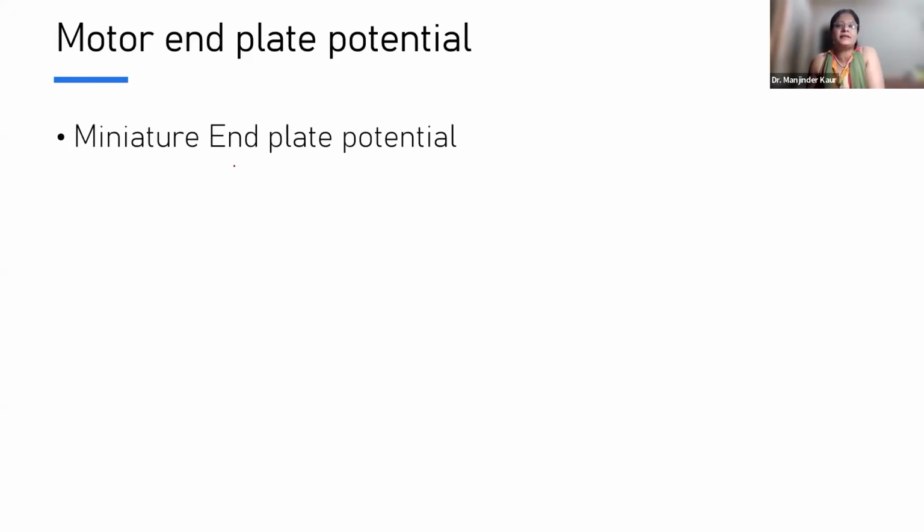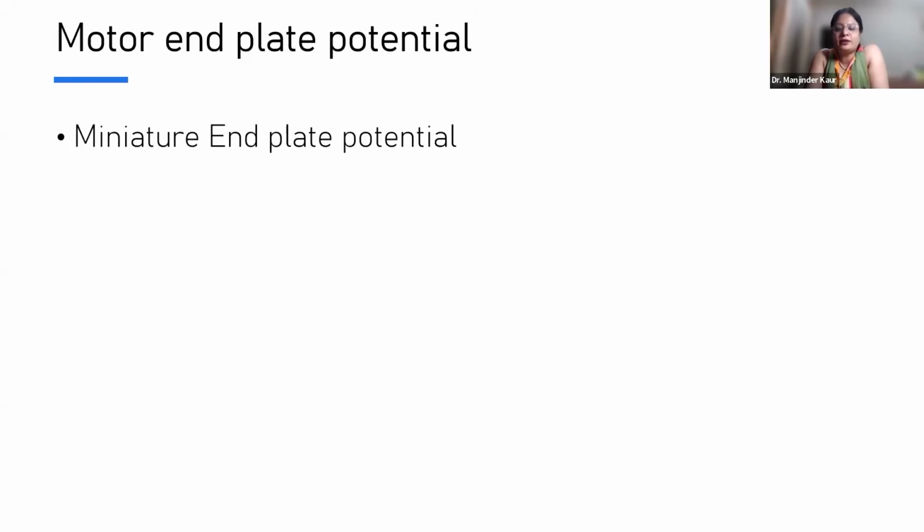So do you think about something which is, if only a few acetylcholine synaptic vesicles have released the neurotransmitter, which is not enough to cause the action potential, what will happen? It won't propagate. Local potentials. Now that is the response I want, local potential, and in terms of the muscle, we call it the miniature end plate potentials.